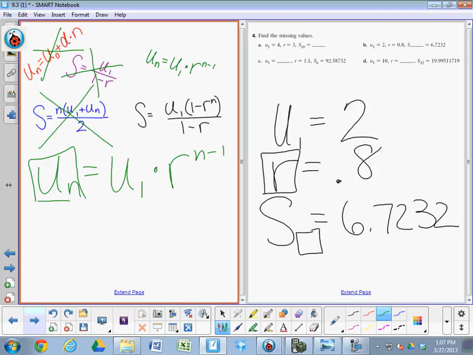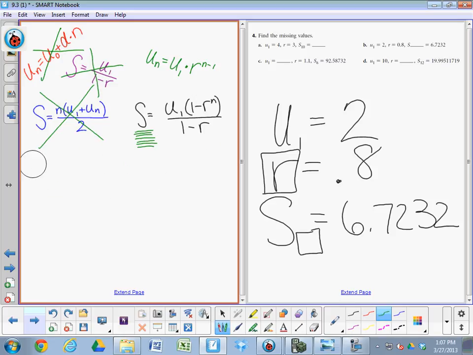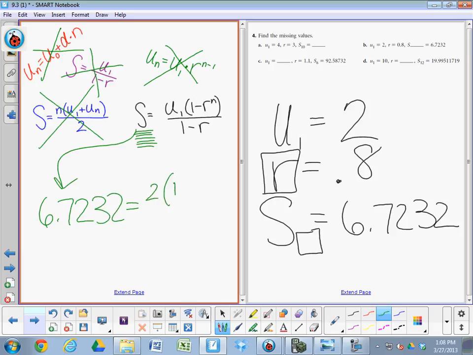If they're telling us the sum, we should probably use the formula with the sum in it. What is the sum? What is U1? Times 1 minus, what's R? 0.8 to the n over 1 minus 0.8.